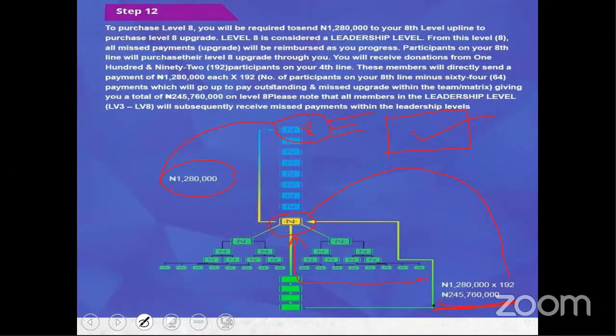You do that calculation: 192 times 1,280,000. That is what you actually get. Cash payments. Let me write it there. Cash into your bank account, into that bank account of yours.